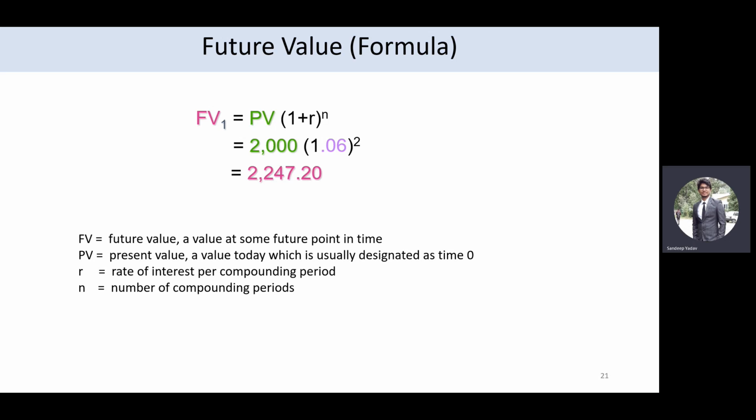So what we have calculated is similarly 2,247 rupees and some paisa. Future value is equal to the value at some point in the future. PV, the present value, is today, which is usually designated as time 0. R is the interest rate, and N is the number of periods of compounding.